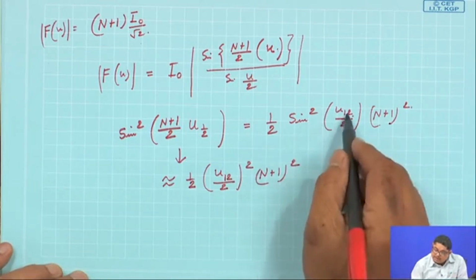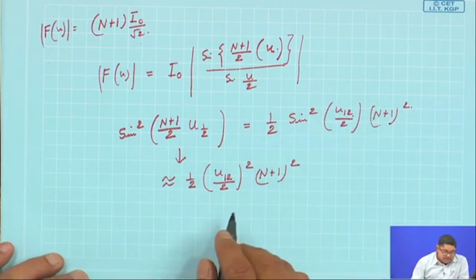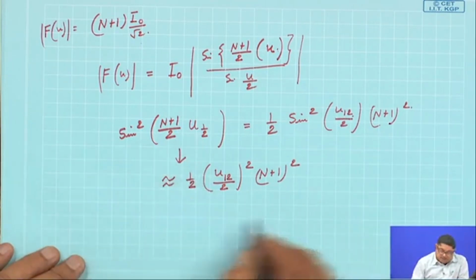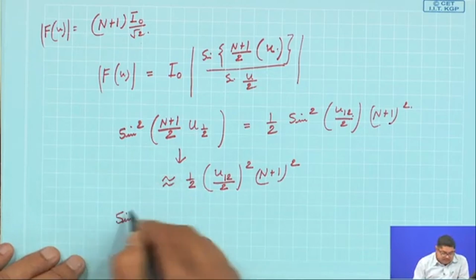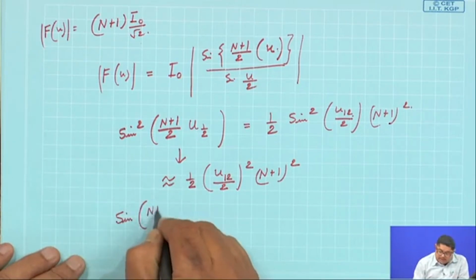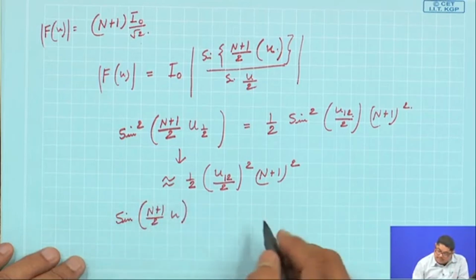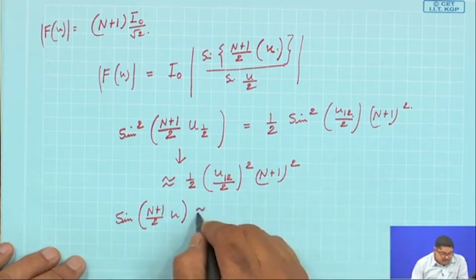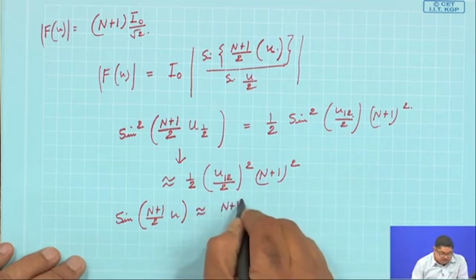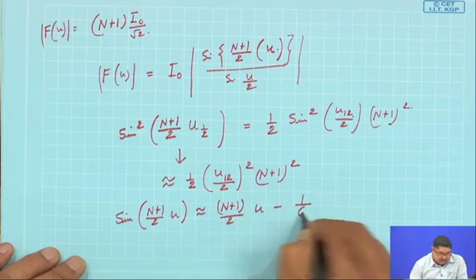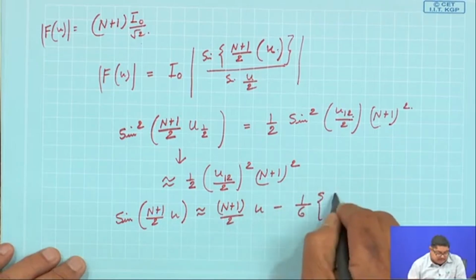That means, here I can replace this u half, and we can expand this sine function sine((n plus 1) by 2 u) as (n plus 1) by 2 u minus, in the series expansion of sine.